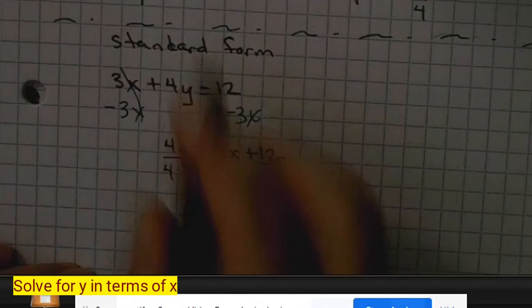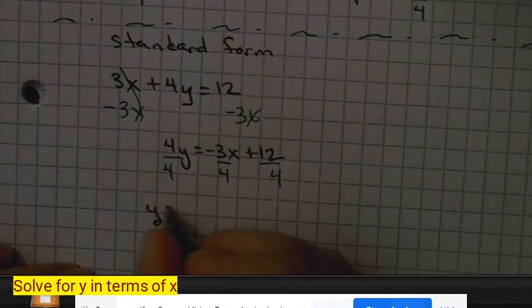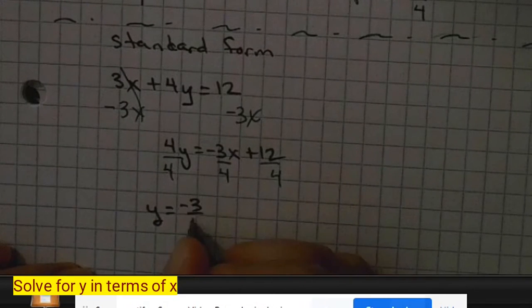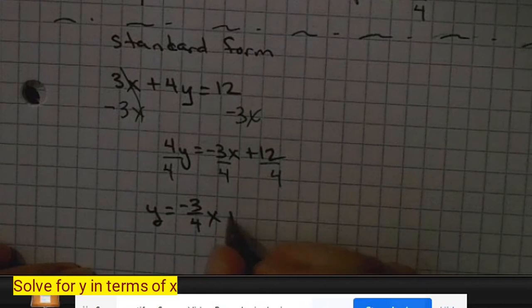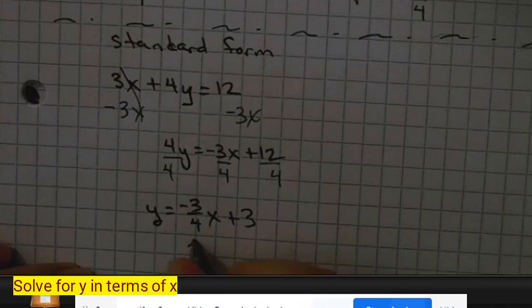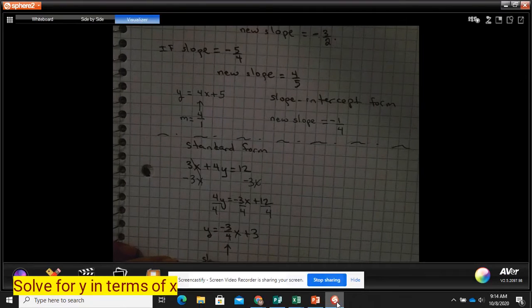So y equals negative 3/4 x plus 3. The slope for this line is negative 3/4.